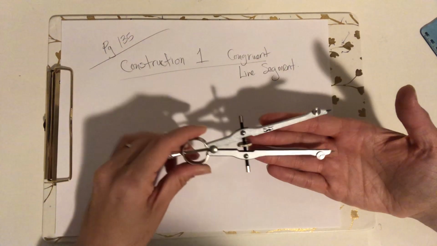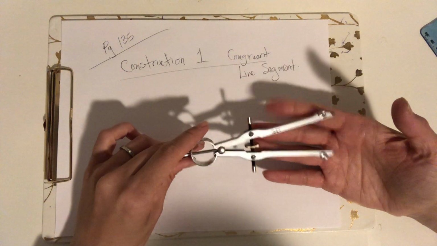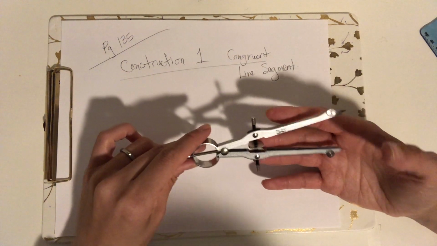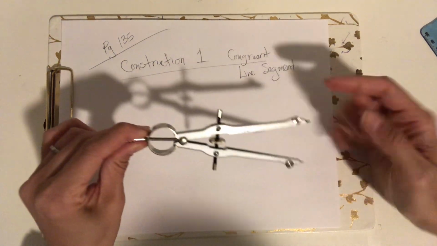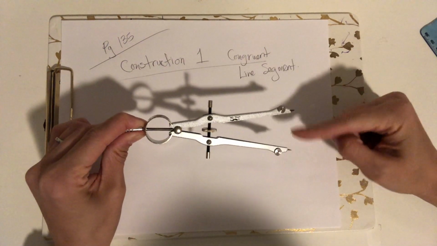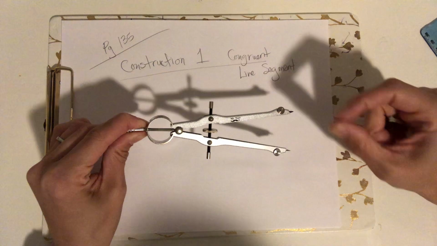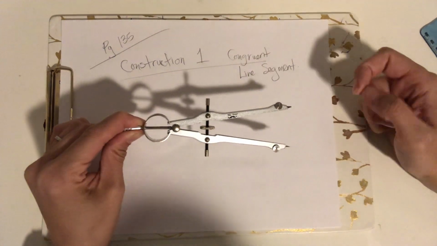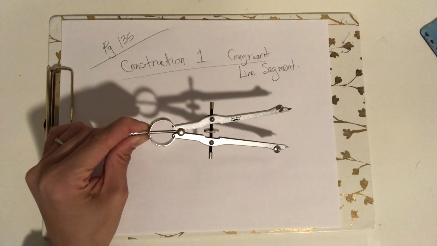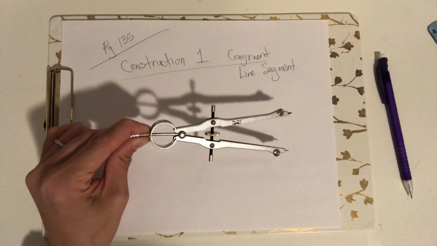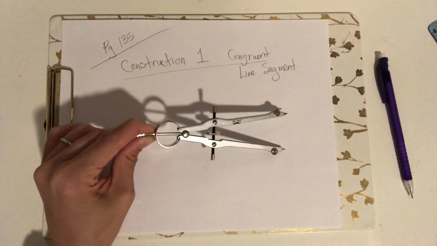So I recommend this type of layout, this type of structure for your compass, just because I think it's easier to use, and it tends to maintain its radius better when you are making the swing arounds for your arcs, okay? So that's not to say that other designs aren't good. Other designs are fine. I just like this one best.